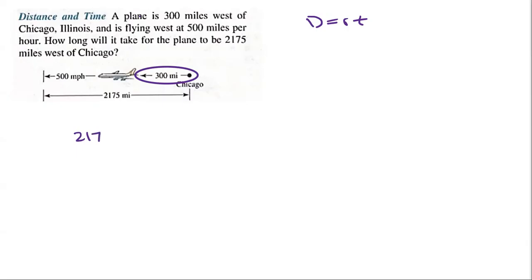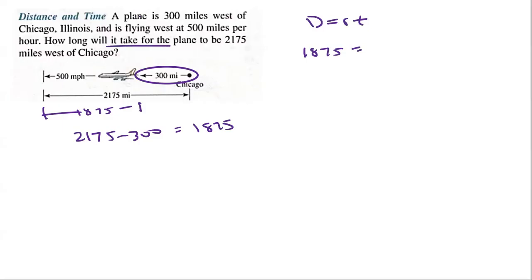So 2,175 minus 300 gives us 1875. That's how much is left over, how much the plane still needs to fly. So this is the distance, 1875.